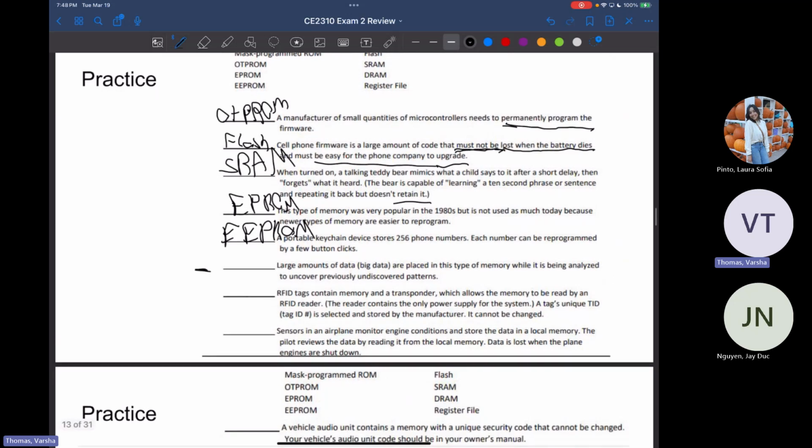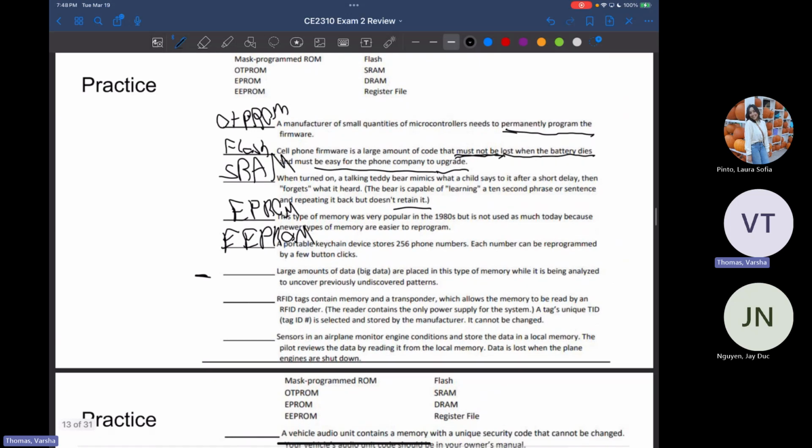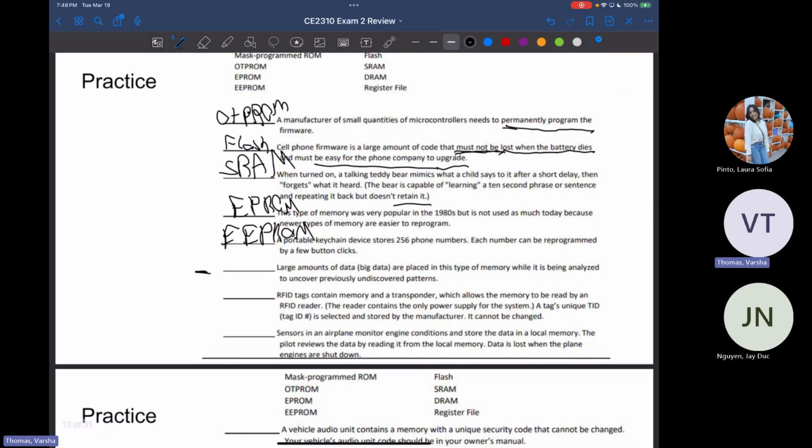It cannot be changed. So this one has to be a mask, and the reason for that is because the code cannot be changed, and it's producing a big amount of it, because it says it contains a memory transporter which allows the memory to be read by an RFID reader.